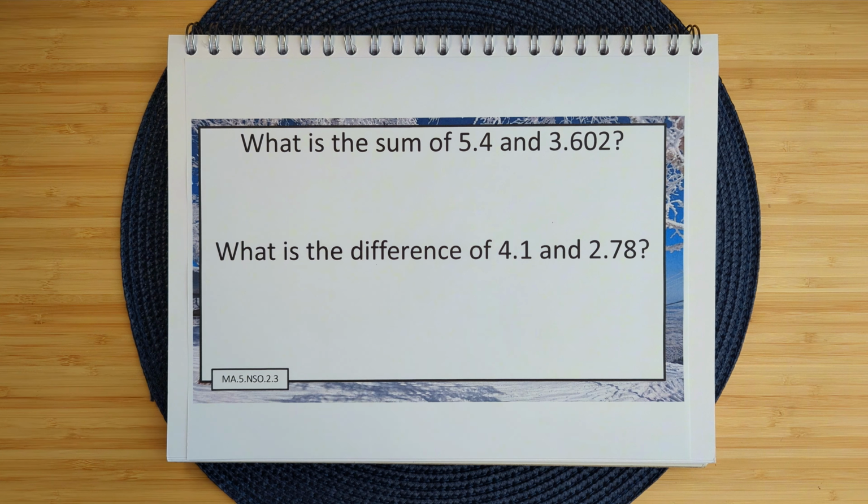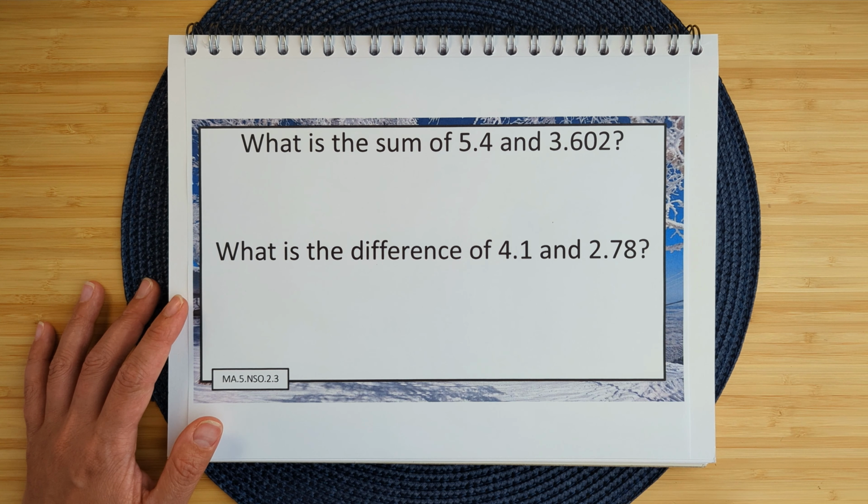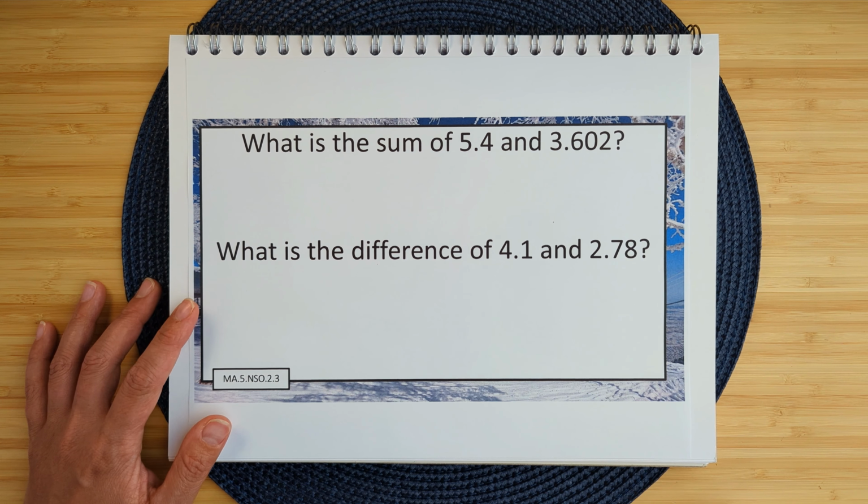All right, this is question 8. What is the sum of 5 and 4/10 and 3 and 602 thousandths? What is the difference of 4 and 1/10 and 2 and 78 hundredths? When we're working with decimals, the most important thing when you're adding and subtracting is to line up your decimal.